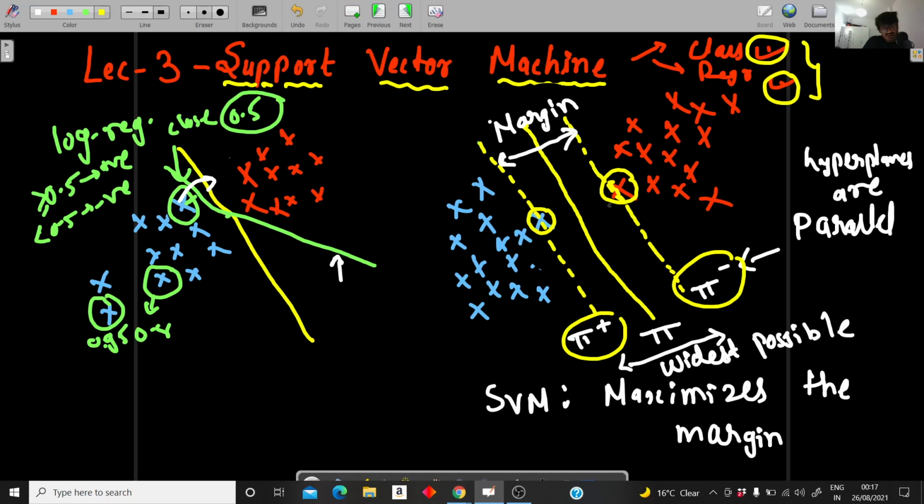And these data points through which the pi minus and pi plus planes pass, which are the extremes of our widest width, or the road that we have, are called support vectors, and that's why the name is support vector machine. We'll see how support vectors are used in mathematical terms in this lecture itself. So these are called support vectors.